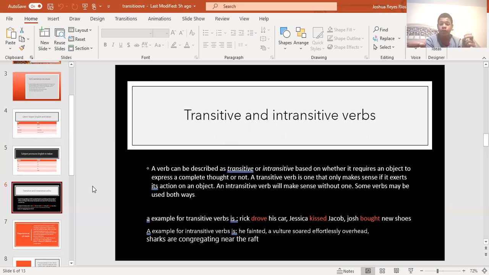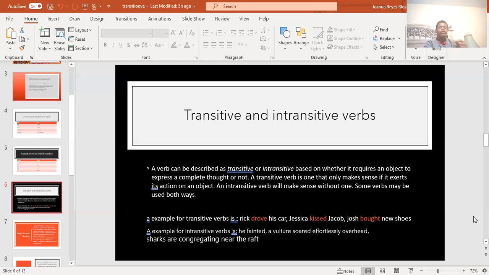An intransitive verb will make sense without one. Some verbs may be used both ways.